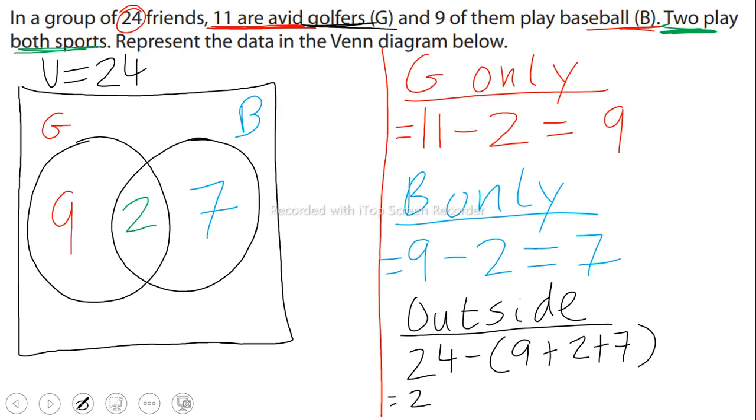So it's going to be 24 minus, what is 9 plus 2 plus 7? 18. And 24 minus 18 is 6. Good. So that's how much is on the outside.